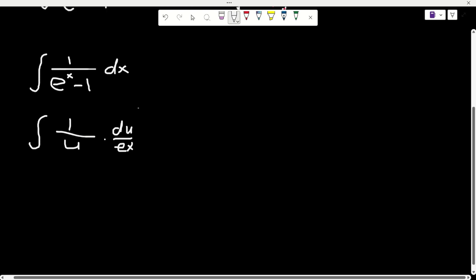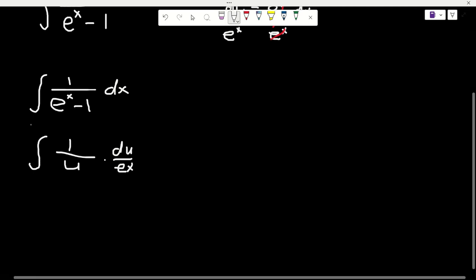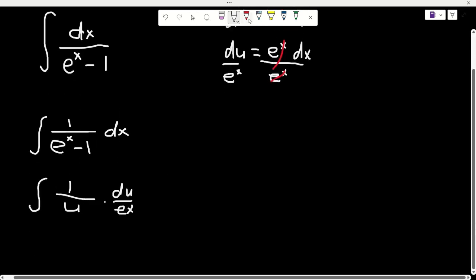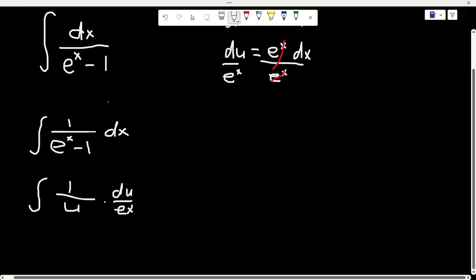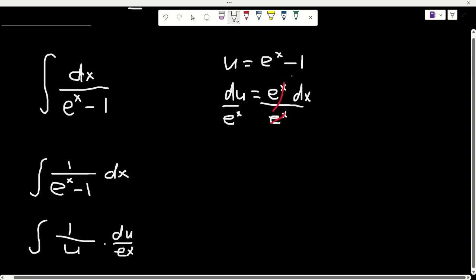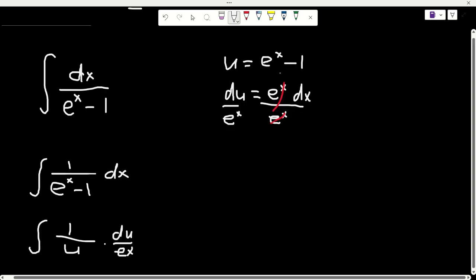Now, we cannot directly use our standard formulas here because we still have this e^x, and we cannot take it out of the integral because it is not a constant. So what we are going to do here is, if we cannot simplify the integrand with our standard u substitution, we will manipulate the values we get in u substitution.